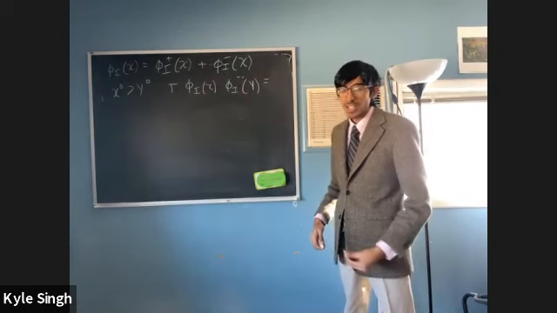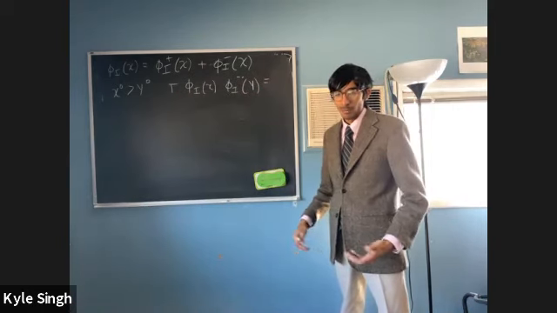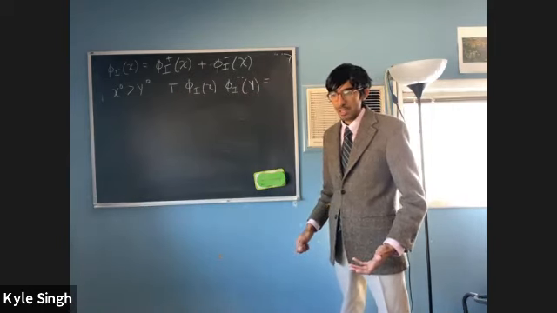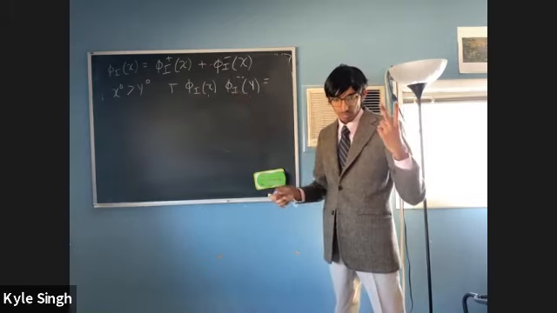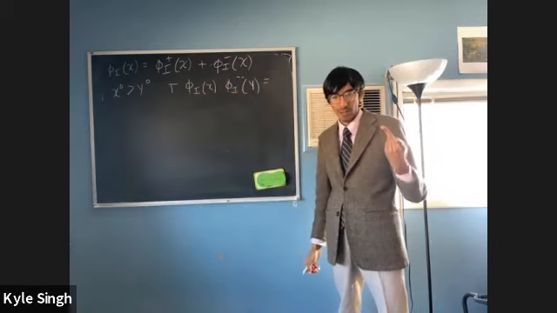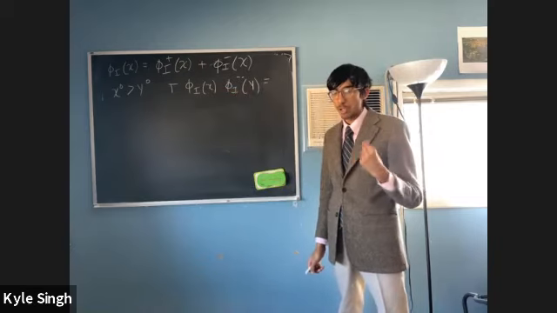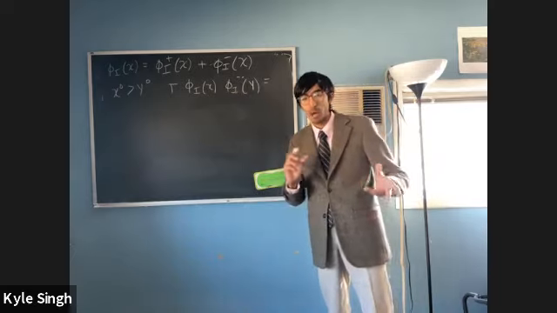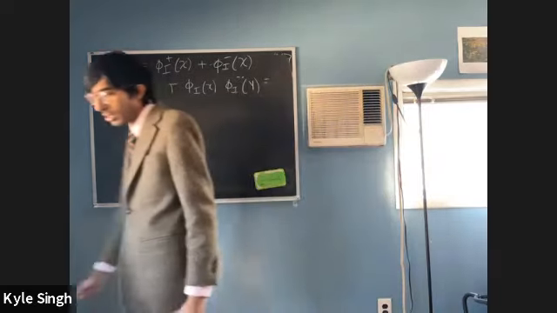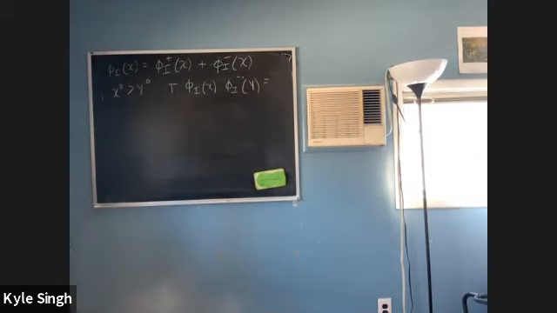Obviously there are now two modes for each field, because I have phi plus and phi minus, and there are two fields. So there are four combinations of the two different modes and the two different fields. This is just basic combinatorics.